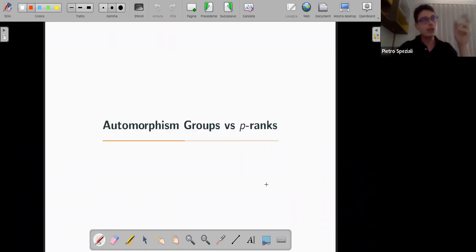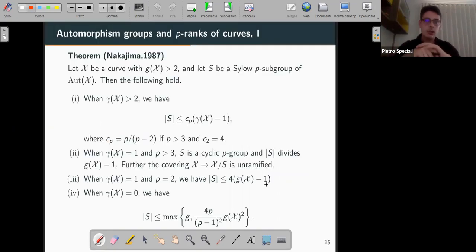Now I've mentioned the p-rank, which is the thing that is really new with respect to positive characteristic. After the end of this interlude, I would like to show you how the p-rank and the automorphism group relate. This is a seminal work, a paper by Nakajima in 1987, which has sparked a lot of research up to this day.